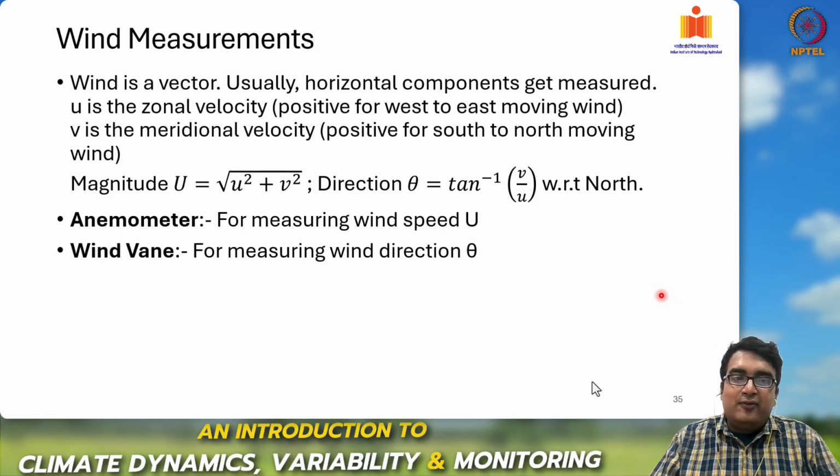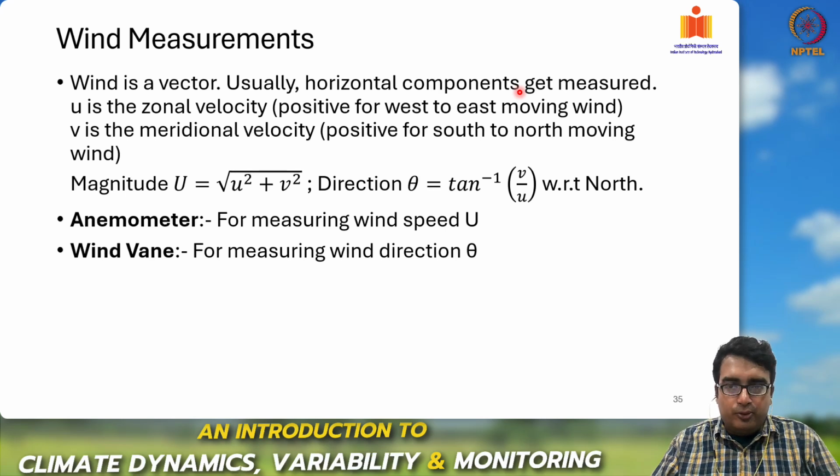Now, wind is a vector, and in most instrumentation, the horizontal component is the one that gets measured. That is, the east-west component and the north-south component. As you know, these are called the zonal and the meridional components of wind. U is the zonal velocity, which is positive for west to east moving wind.